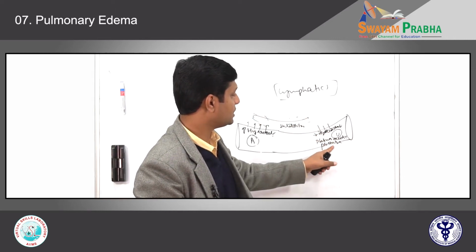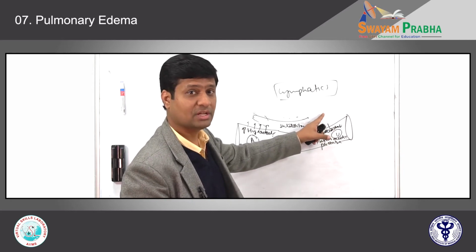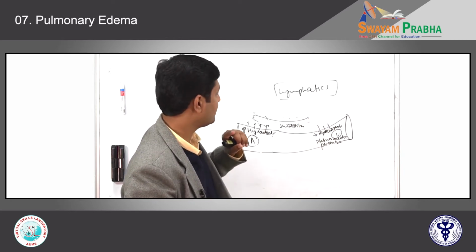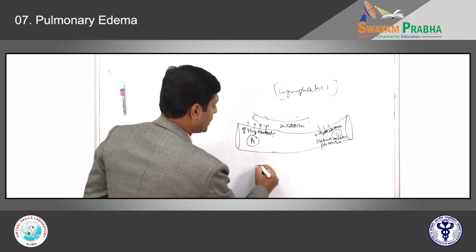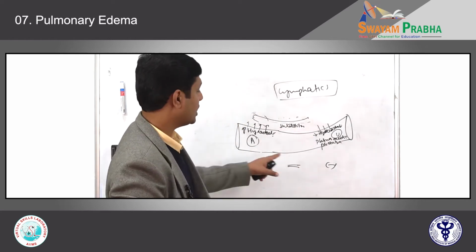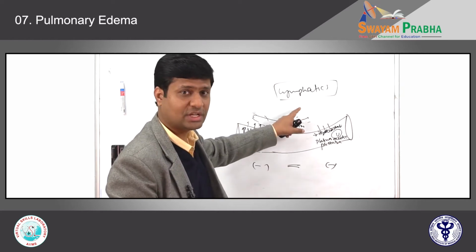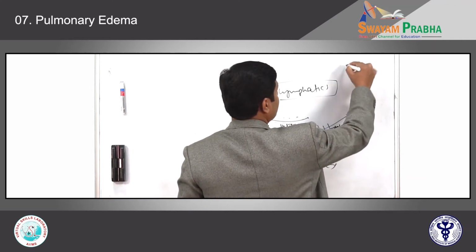Any condition where there is severe decrease in plasma oncotic pressure, again more accumulation of fluid in the interstitium, that is edema. Usually both will be in equilibrium. Any alteration will cause fluid accumulation in the interstitium. And the last one is any condition which causes lymphatic obstruction.